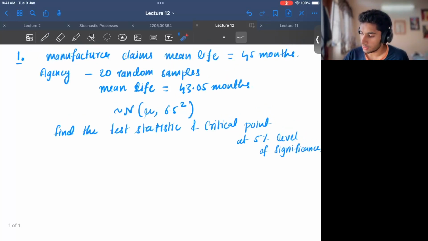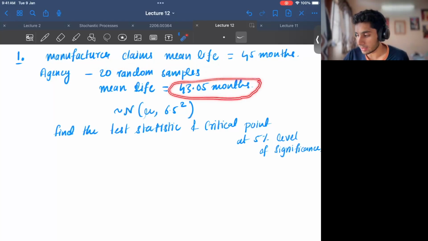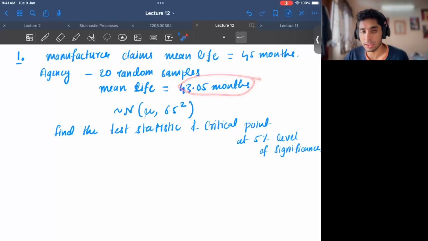So what is said is there is a manufacturer who claims that the mean life of his batteries is 45 months. There is some protection agency which wants to verify this claim, whether this manufacturer is telling the truth or is lying. So what they do is they take 20 random samples of batteries and they check the mean life of these batteries and they find it to be 43.05 months.